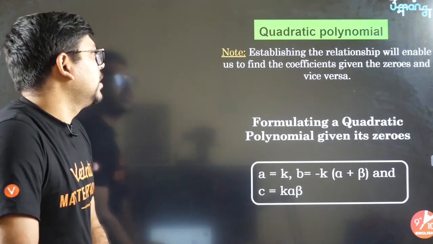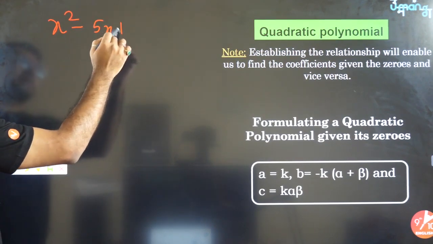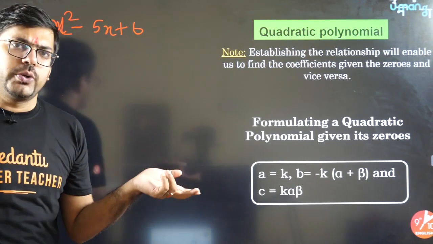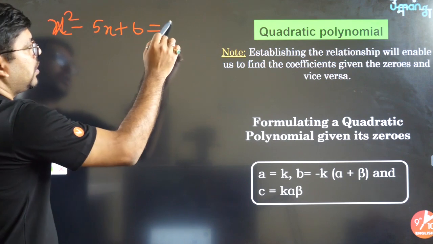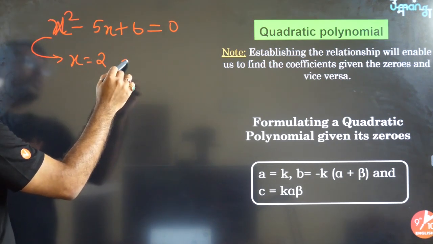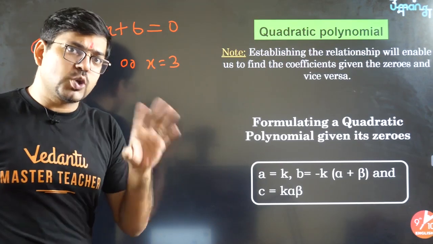What I mean to say is, say for example you have an equation x square minus 5x plus 6. If someone asks you what is the zero of this polynomial, what will you do? You'll simply make it equal to 0. Once you make it equal to 0, from here you'll find x is equal to 2 or x is equal to 3. But say for example this question is not given to you.